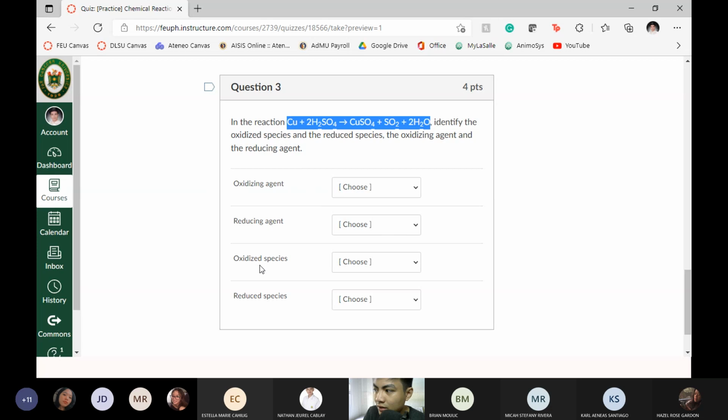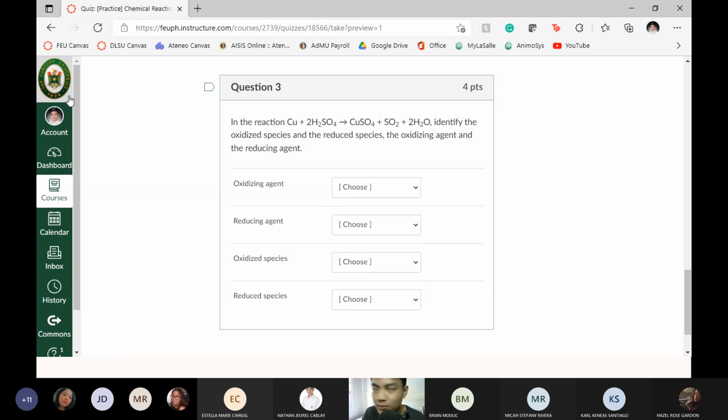From that, you can determine which underwent oxidation reaction, which underwent reduction reaction, which is the oxidizing agent, and which is the reducing agent. So, again, in this type of question, only these two are the choices. Remove the rest. Okay? So, these two are your options. Products are not allowed.